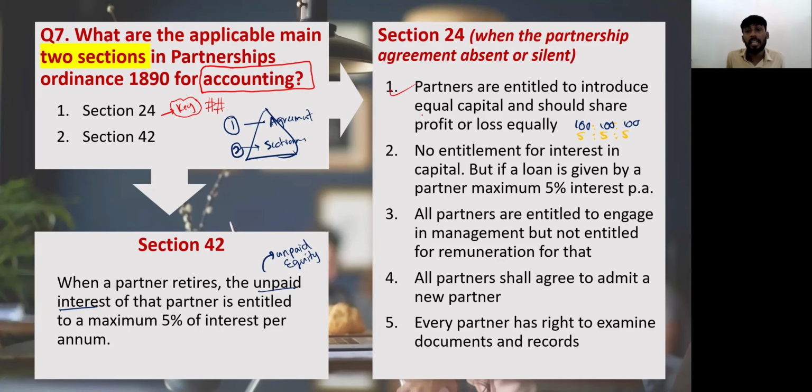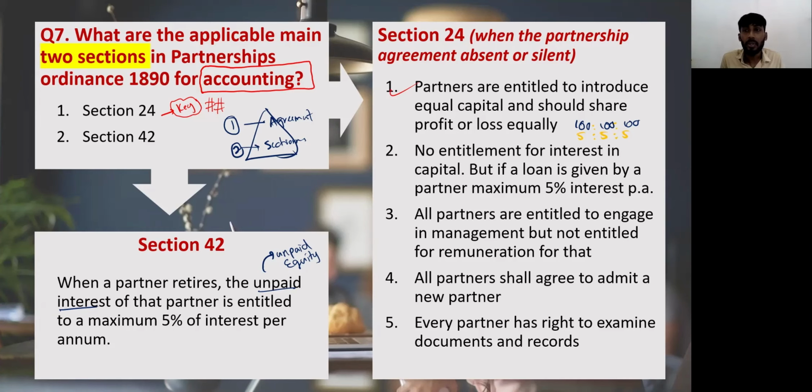Then no entitlement for interest on capital. Section 24 says the partners are not entitled to get any interest for the capital that they contribute.